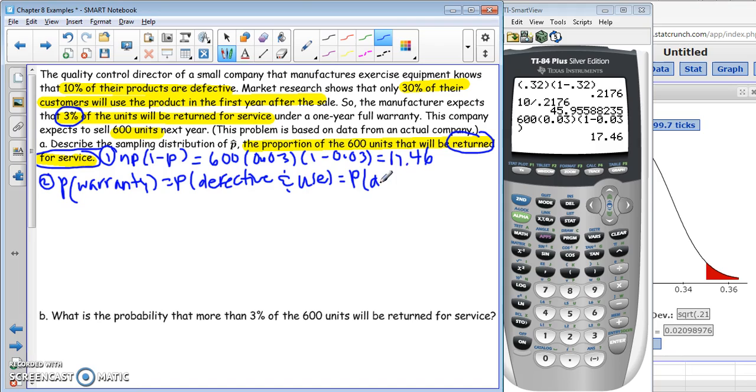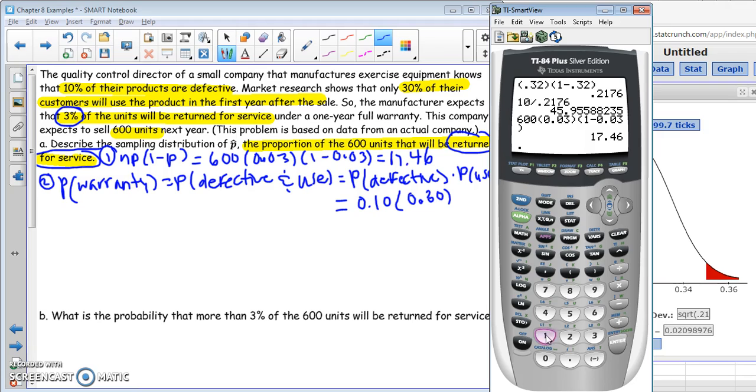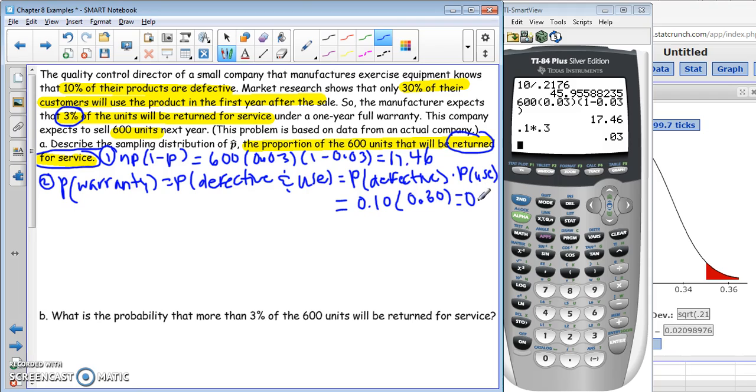If defective and used are independent, we just multiply them together. The defective ones are 10%, and the used ones are 30%. So 10% times 30% gives our 3%, so they are independent. So our sampled values are independent.